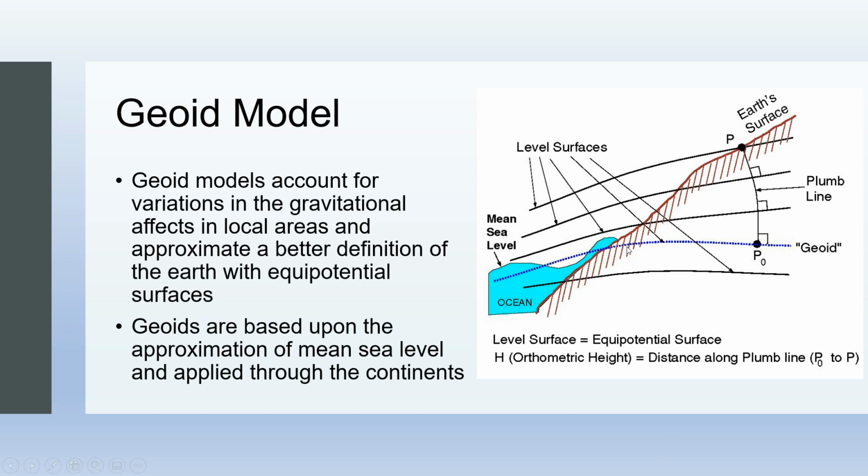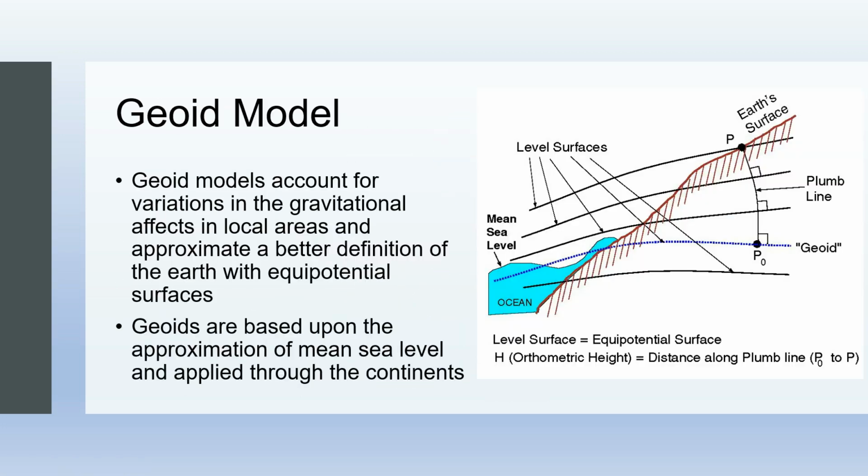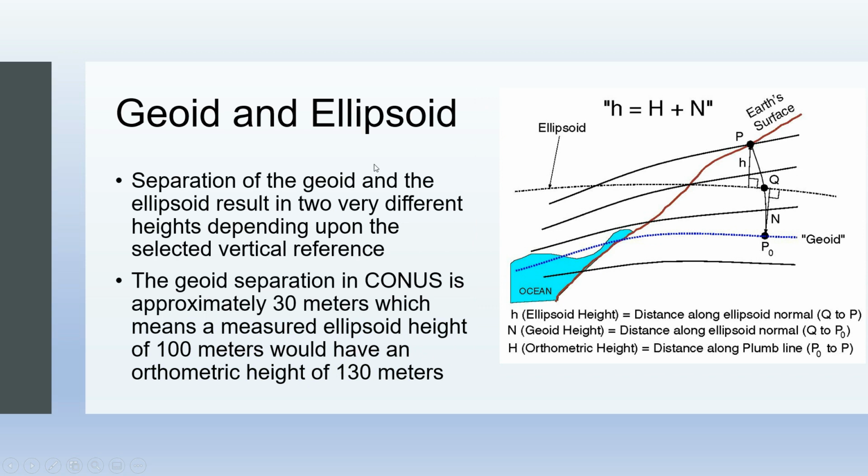The geoids are more representative of the actual Earth's surface. But in order to determine the geoid, we have to have something to reference it to, which is why we have the reference ellipsoid. The reference ellipsoid has a smooth arced surface.